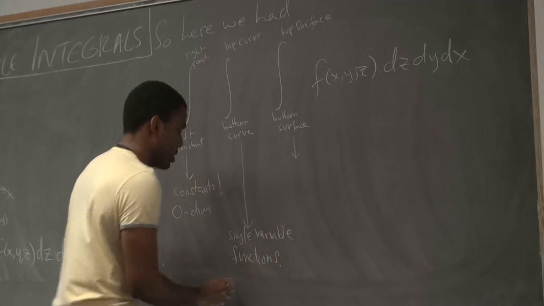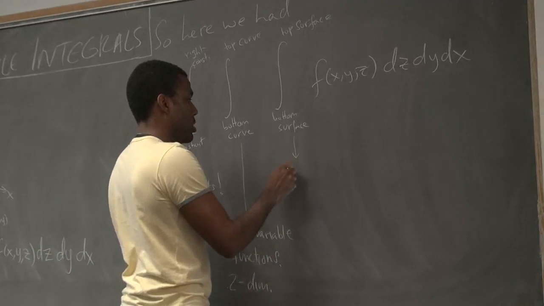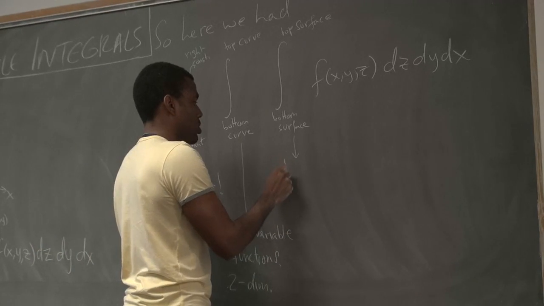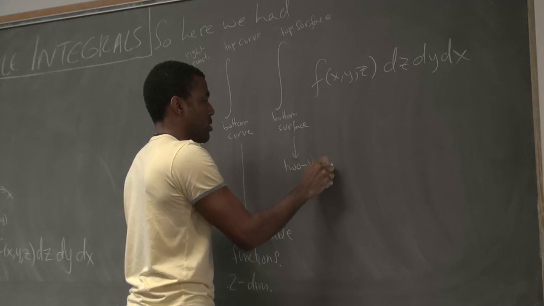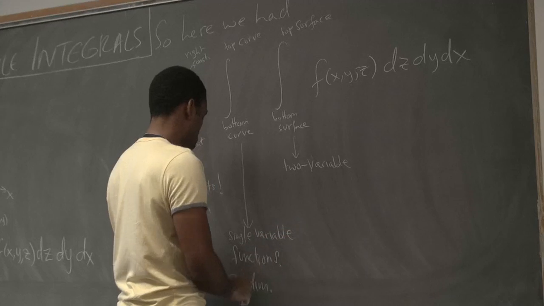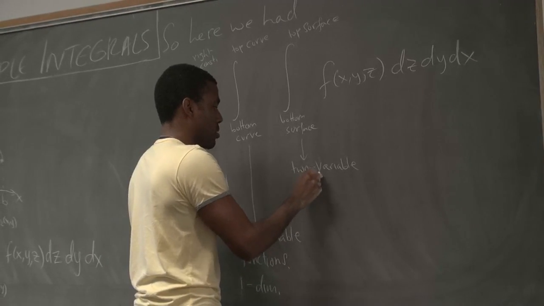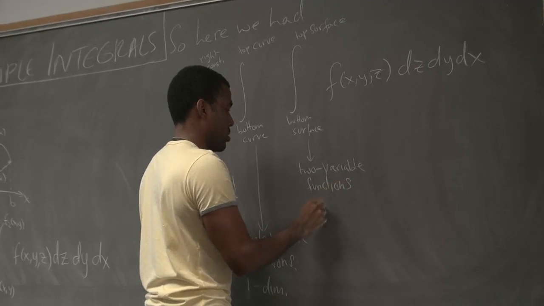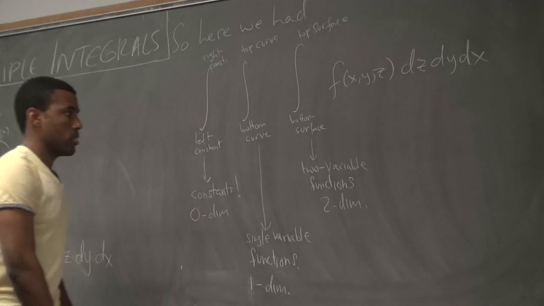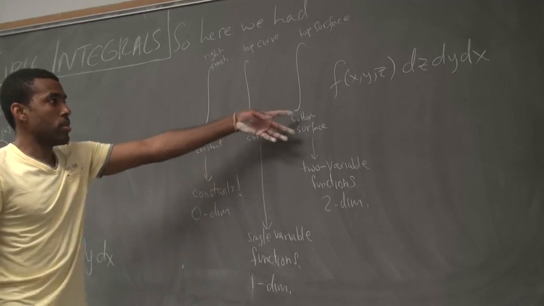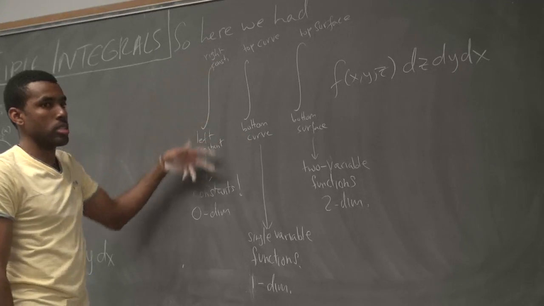These are two-dimensional, two variable functions, which would go here. So you can have up to two variables on this integral, only one variable on this integral, and only constants on this integral.